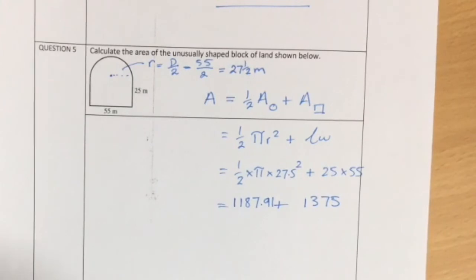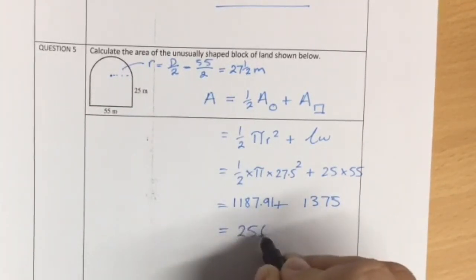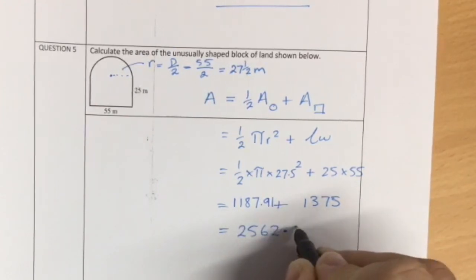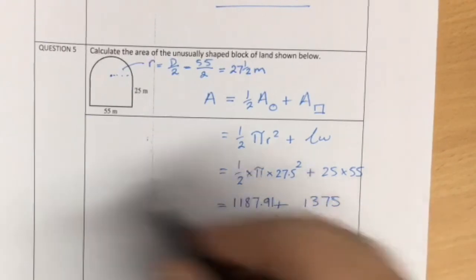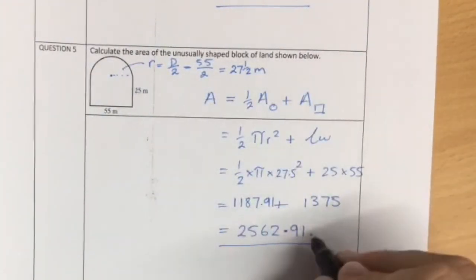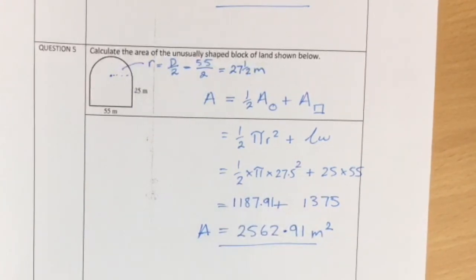We add those two together, and we end up with 2,562.91. And our units again: this is area we're talking about. We've used meters the whole way through, so we're with meters squared. And we're done.